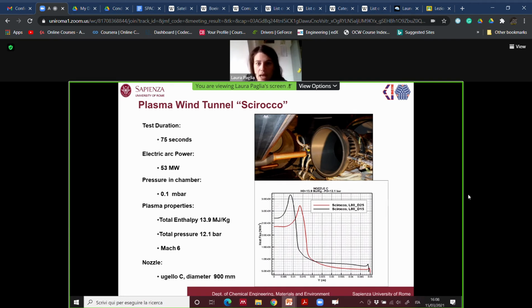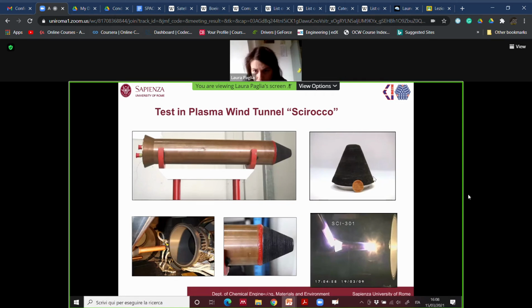Okay, but the intensity of the heat flux can depend also on the shape of my material. Okay, so for example, this is the intensity of the heat flux from the center of the material to this point.